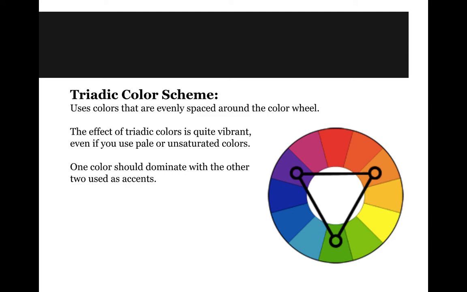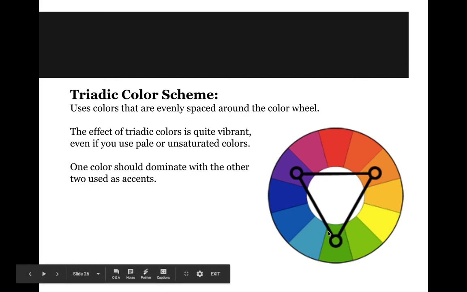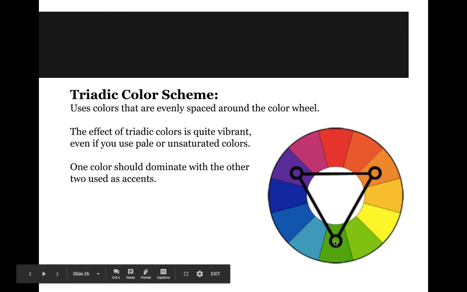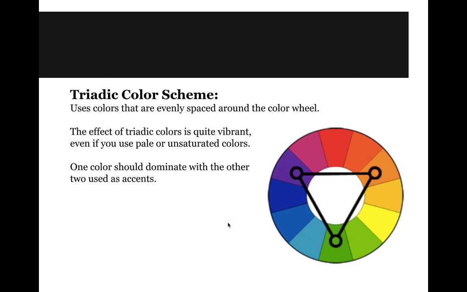If instead of violet you used lavender, and pale green and pale orange, if you added lots of white to these colors, they would still be vibrant and stand out, which is kind of unusual and kind of cool. They're vibrant even if you're using the pastels, and they are the ones that are evenly spaced.